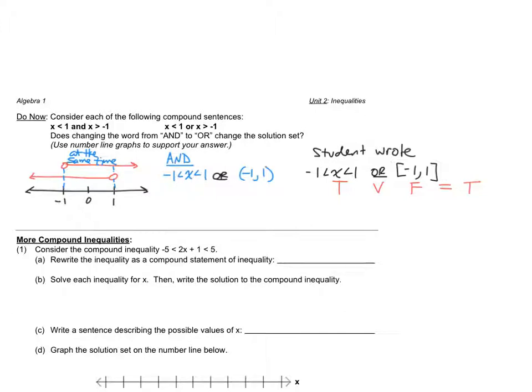Let's go with purple. For those keeping score at home. So we're going to have or. Now, or means that I'm looking at either of the two pieces being correct. One piece is correct, the other piece is correct, or both are correct.